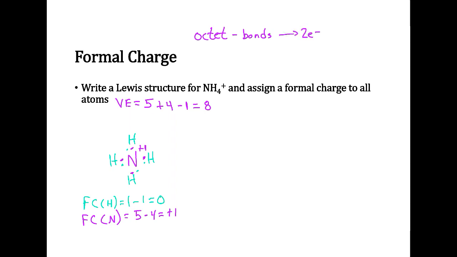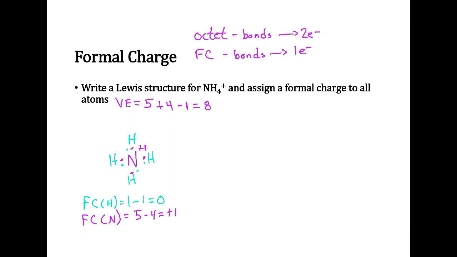But if you're looking at the formal charge, then the bonds only count as 1 valence electron. So make sure whenever you're checking to see whether something obeys the octet rule or if it has a formal charge, that you keep that in mind.